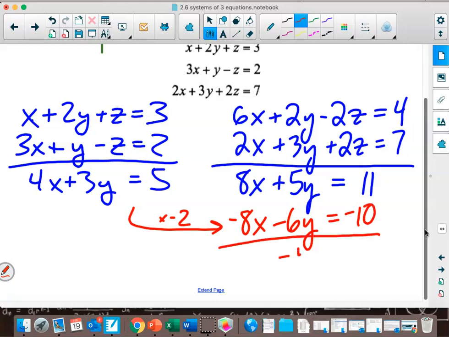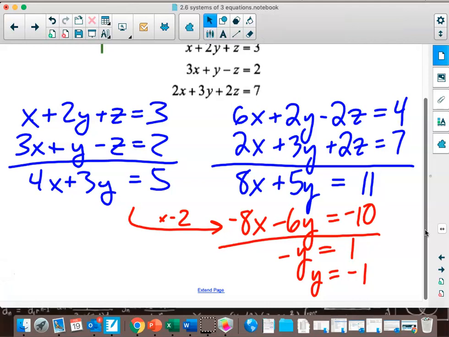Add down, you get negative y equals 1. So y is negative 1. How are we with y equaling negative 1? Feel comfortable with that? Okay, good.